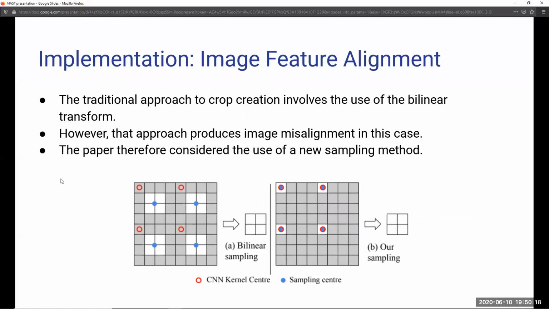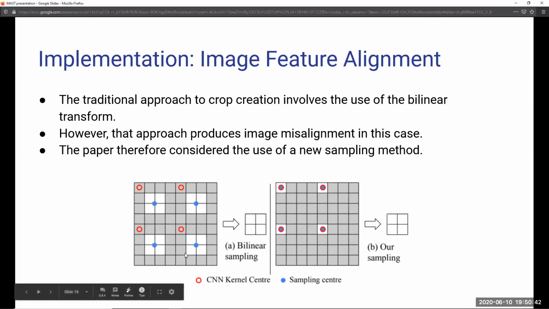There was another thing to mention that helped the model with accuracy. It was image feature alignment. So when using bilinear sampling, as I mentioned before, it caused a lot of misalignments, as you can see in this picture.